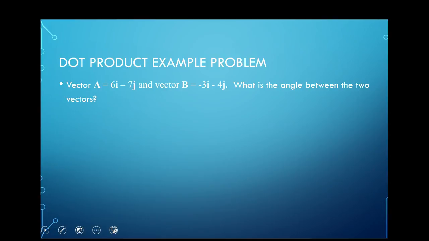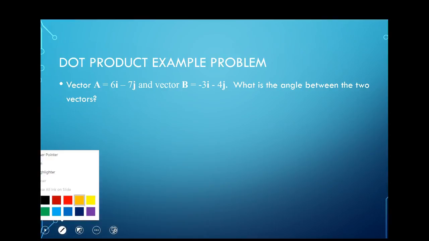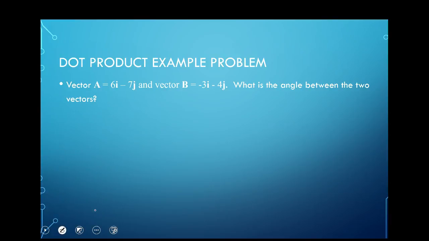So for example, let's say that we have vector A is 6i minus 7j, and vector B is equal to negative 3i minus 4j. And we want to find the angle between these two vectors. How do we set that up? Okay, well, we know that A dot B is going to be equal to the magnitude of A times the magnitude of B times the cosine of the angle between them.